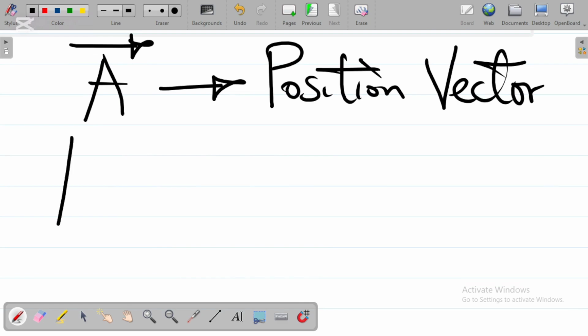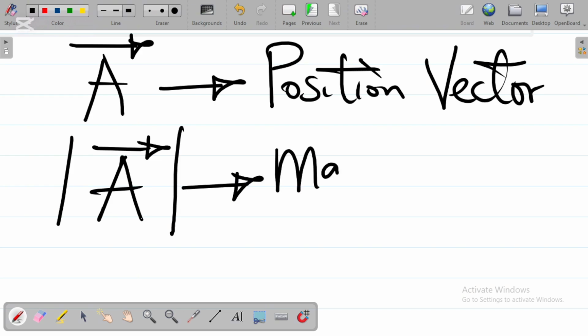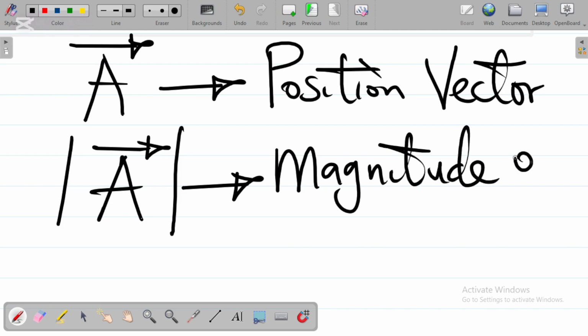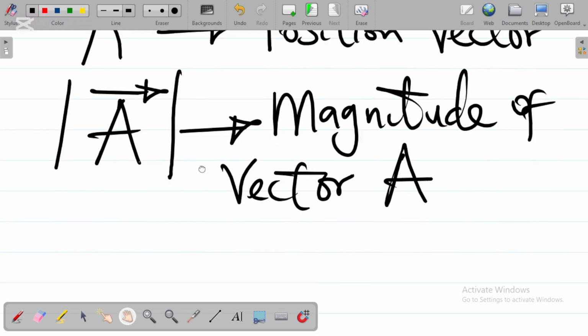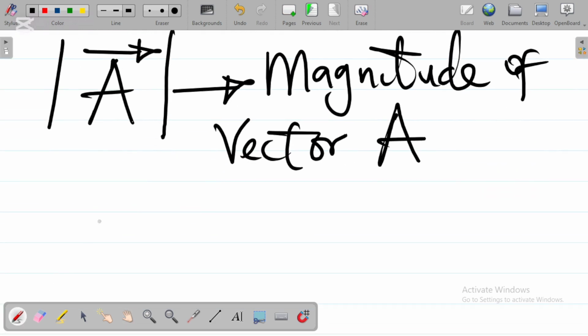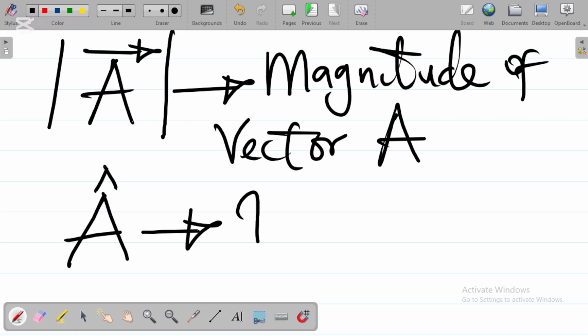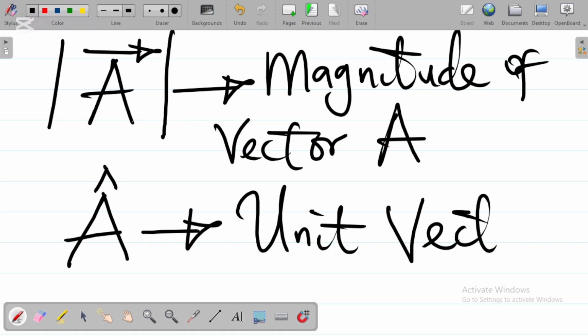And then remember, this is called the magnitude of vector A. And then this is called the unit vector.